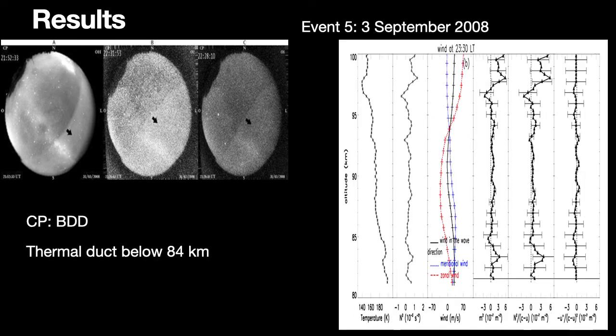The last observed event presented a complementary pattern of bright, dark, dark. Checking the background of the atmosphere, we could conclude that it is a thermal duct located below 87 kilometers height, and it was observed on 3rd September 2008.